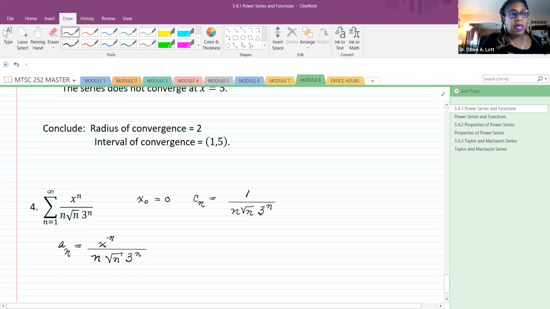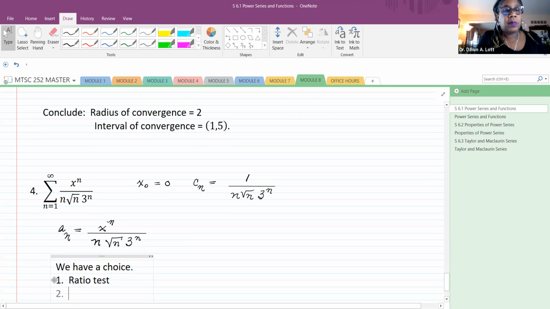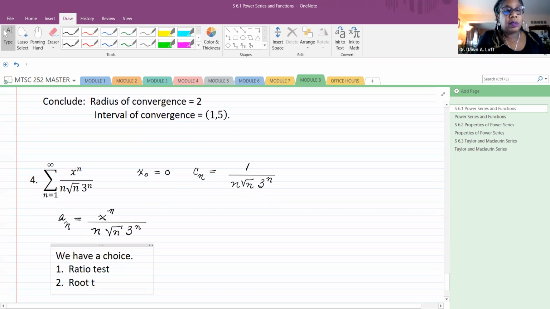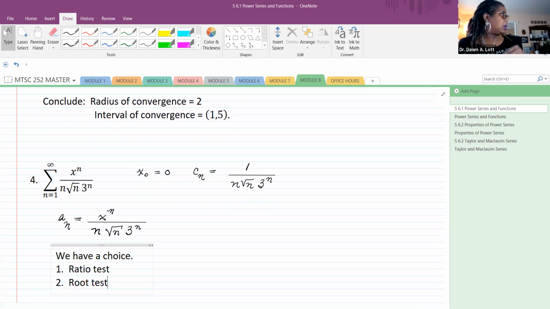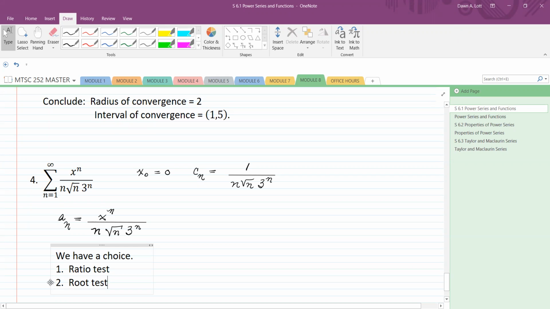So once again, I have a choice. We can do one, the ratio test, or two, the root test. I have a preference, but I'd like to see what other people think about this. What would you do? Use the root test.